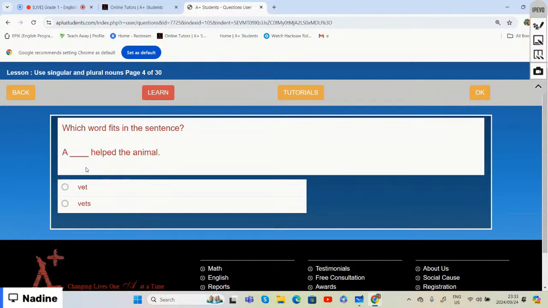So the next one says a. Remember, look at the word a. Do we say a vet helped the animal, or a vets helped the animal? Which one is correct? Option 1 or option 2?